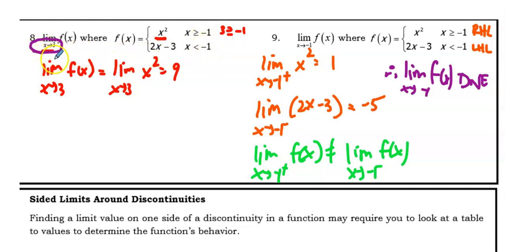If I said find the limit as x approaches -7 of our function, then I would use this function, right? I'd plug into 2x minus 3 because, again, x is less than -7. So the only time you have to show the right hand and left hand limit is when this number that you see right here is equal to these numbers that you see right there. Okay? So hopefully that makes sense, and let's move on to another example of an indeterminate.